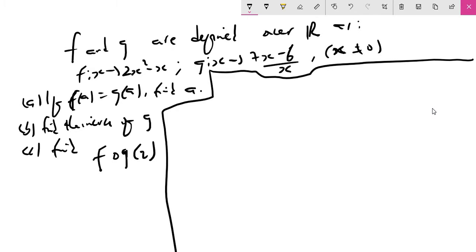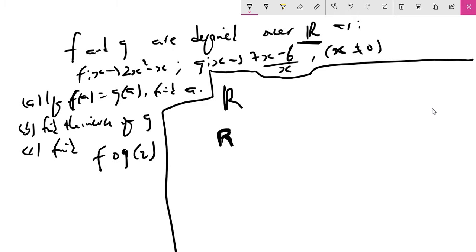Okay, so f and g are defined over R, the set of real numbers. The thing to keep in mind is that R, when it's printed on the paper, will be darkened, in bold.